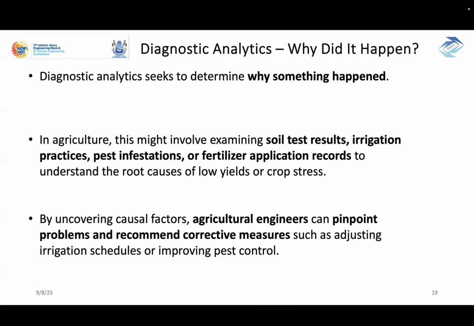Then we go to irrigation practices. Was there a problem with the irrigation machine? This is where agricultural engineers come in to find out what the problem was. But we started with descriptive analytics: what happened? The yield was low. Why did that happen? You go through all these scenarios to eliminate the problem. So by uncovering causal factors, the engineer can pinpoint problems and recommend corrective measures. That's where the engineer would come in.